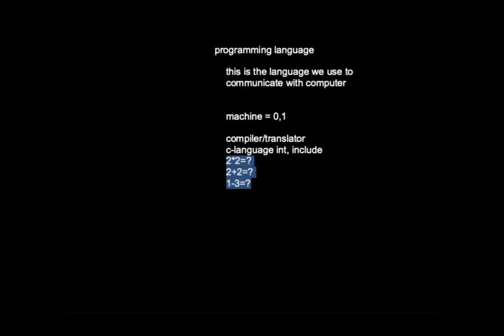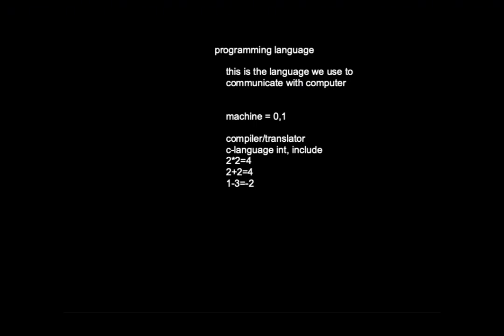All these tasks are translated at once into machine code, which is given to the computer, and then the computer can read it and understand that we're telling it to do all these tasks. Then it gives us the results: 2 times 2 is 4, then 2 plus 2 is 4, then 1 minus 3 is minus 2.